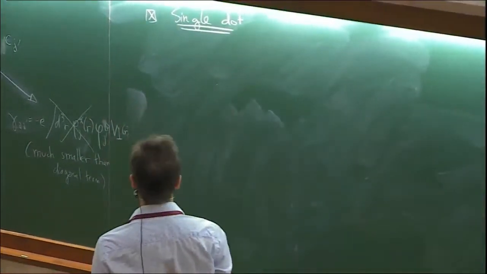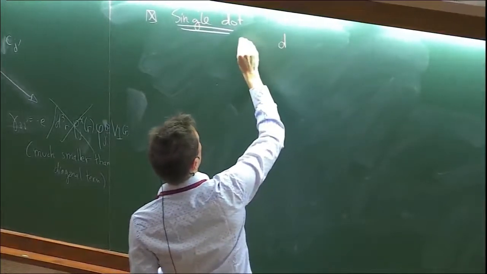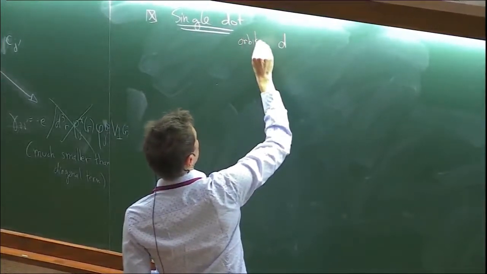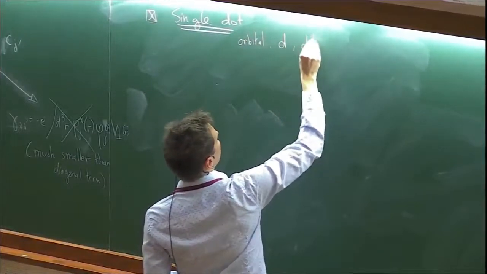So a single dot is just that you have a single orbital, characterized by the operator d or d dagger.